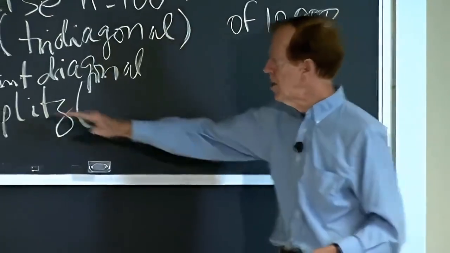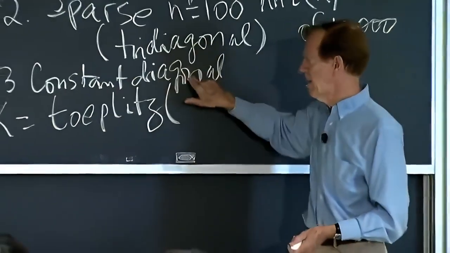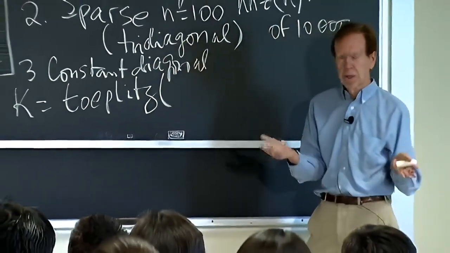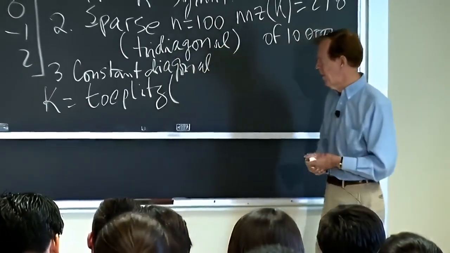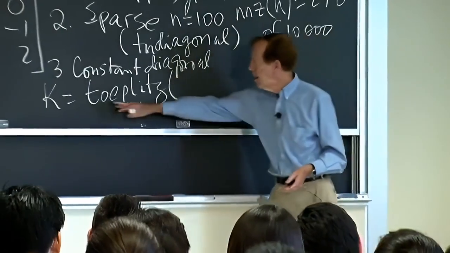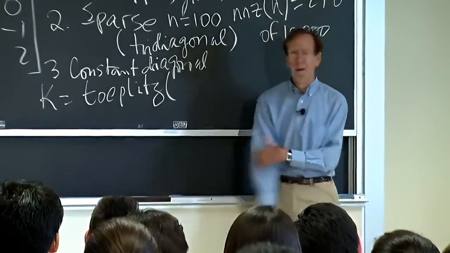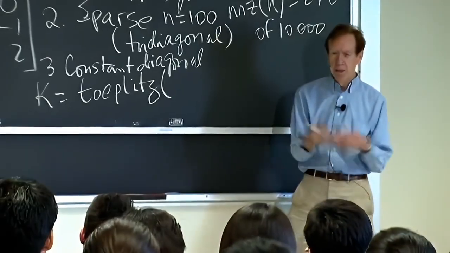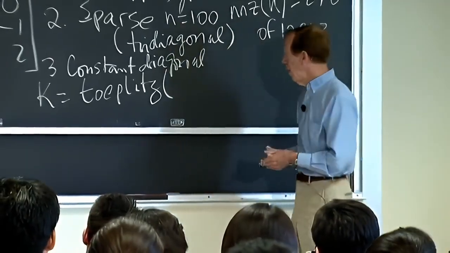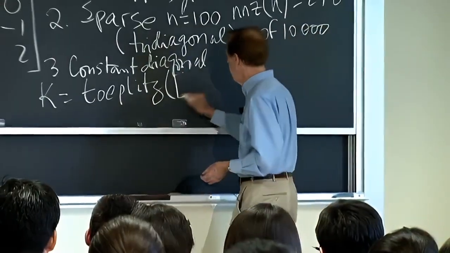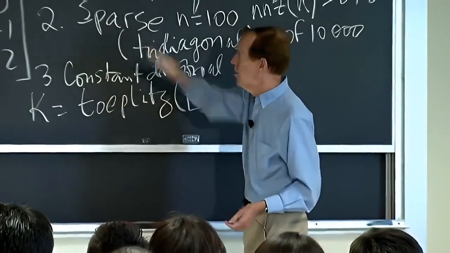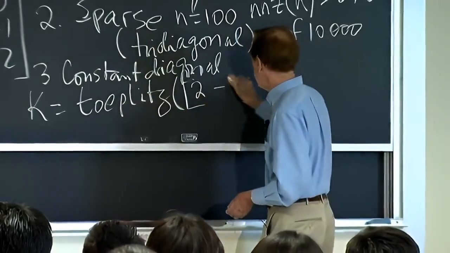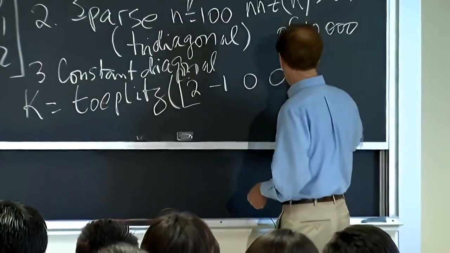Okay. So what is a Toeplitz matrix? A Toeplitz matrix is one with constant diagonals. You could use the word time invariant, linear time invariant filter. And to create K, this is an 18.085 command. It's just set up for us. I can create K by telling the system the first row, 2, -1, 0, 0.